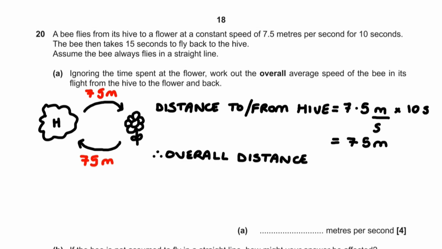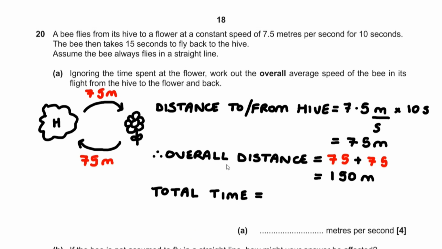Which means then the overall distance is 75 plus another 75, which is equal to 150 meters.